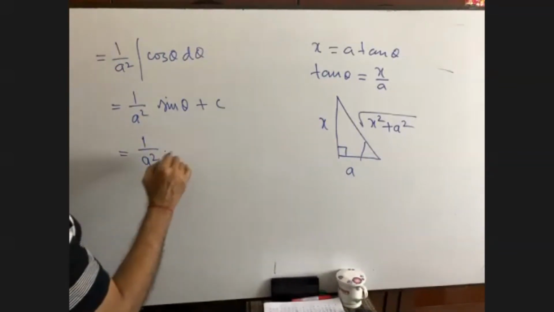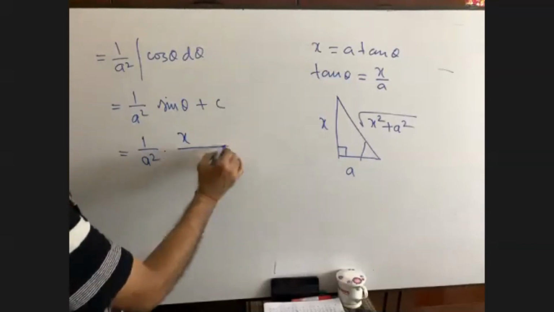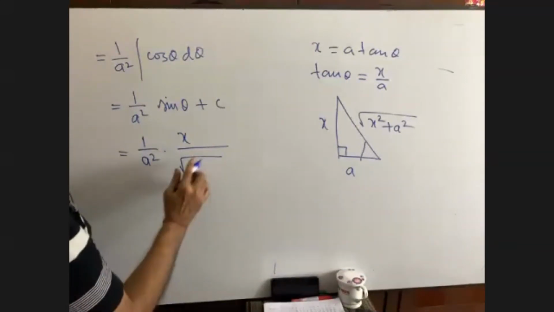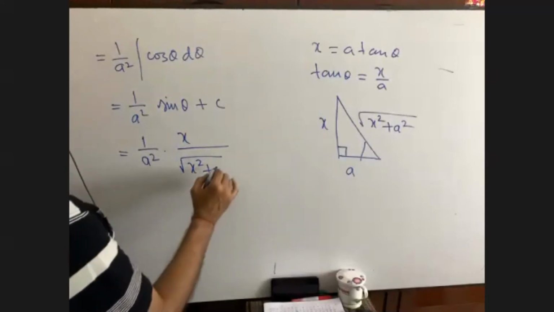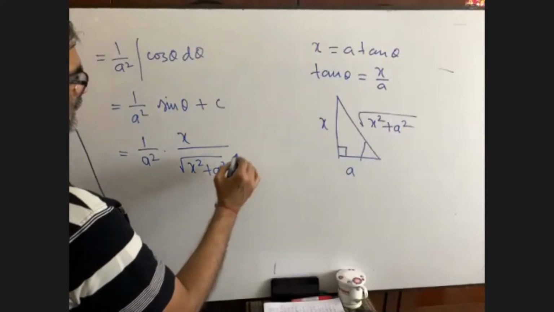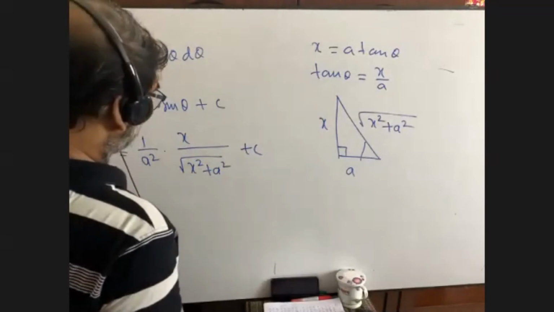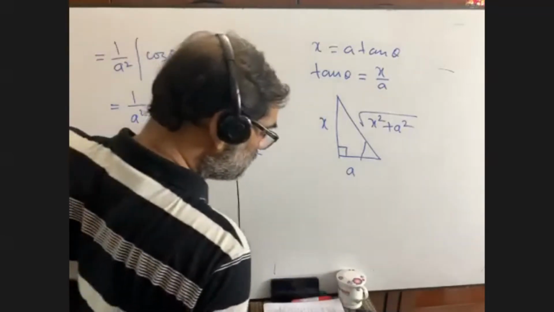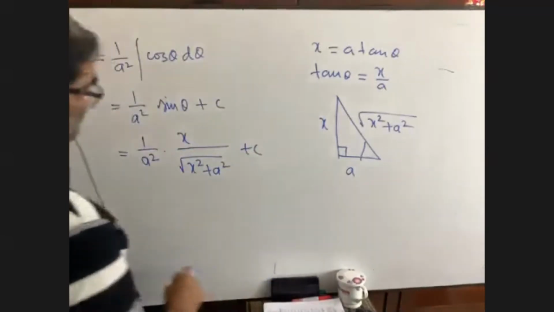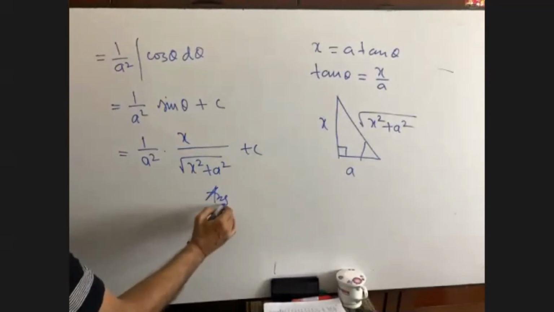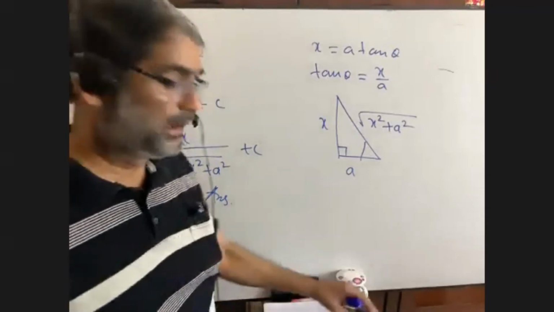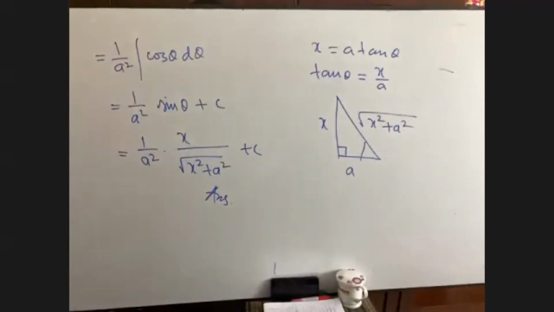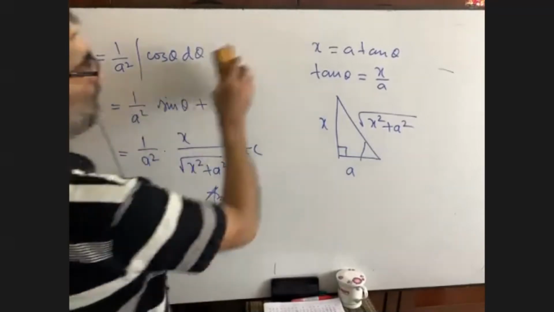Sin theta means perpendicular by hypotenuse. And perhaps we have got our answer. This is the answer. Have you got me? Yes sir. Okay.